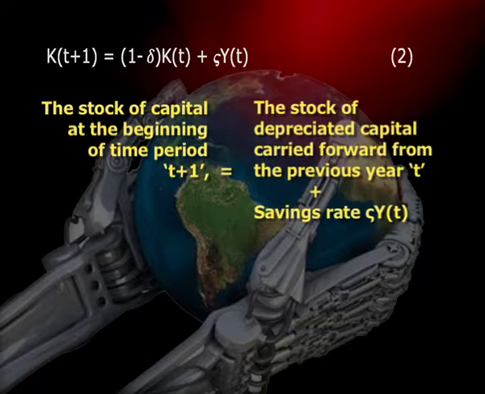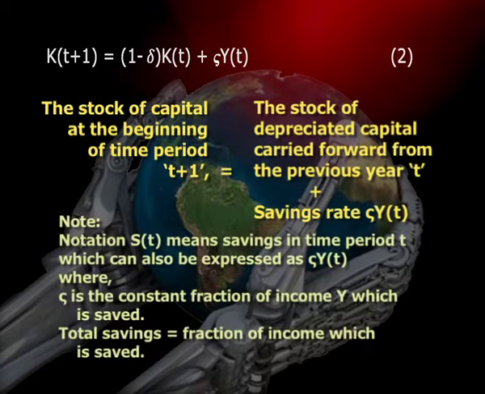Let us understand this equation. The stock of capital at the beginning of time period t plus 1 is equal to the stock of depreciated capital carried forward from the previous year t plus savings sigma Yt. Sigma is a constant fraction of income which is saved.